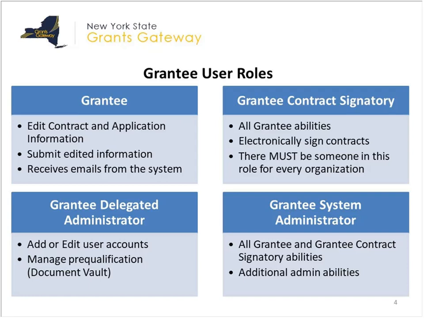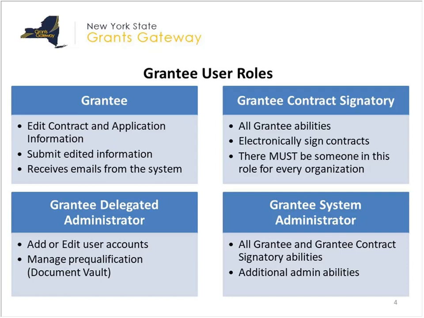That doesn't happen specifically or all the time with a non-competitive, which is what yours are considered. Yes, they were competitive because you applied through the CFA, but they're non-competitive the way we created them in the Grants Gateway. So what that means is you may log in and not have a task, and you might have to search for something. So to start with, let's make sure you're logging in with the right role.